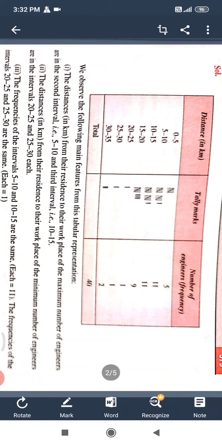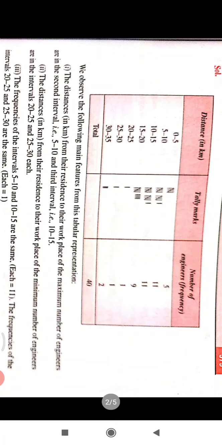Same thing, 20 to 25, but you consider 20 to 24, not 25. You will obtain only one number, so only one tally mark, and frequency 1. Now 25 to 30, so 25, 26, 27, 28, 29, not included 30, so it will be only 1, so frequency is 1.